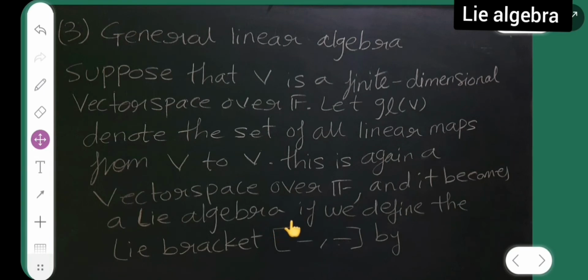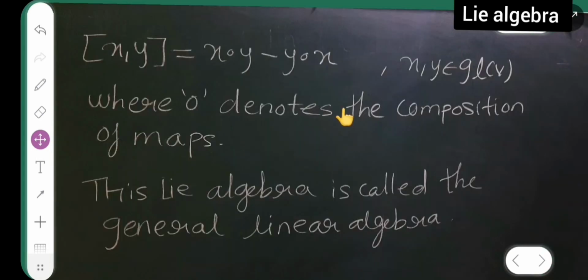This becomes a Lie algebra if we define the Lie bracket by this: Lie bracket of x comma y is equal to x composite y minus y composite x for all x comma y belonging to GL of V, where the small circle denotes the composition of maps.